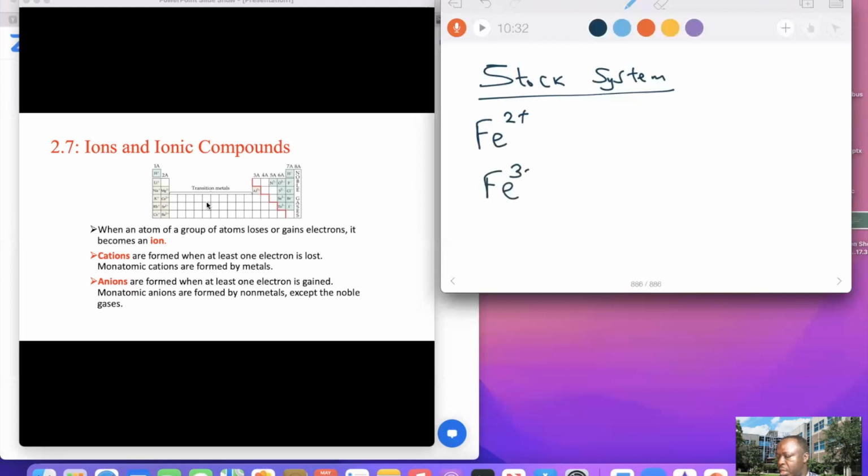These are 2 ions, 2 cations formed by the same element. On the periodic table, iron, number 26, can form 2 cations. In the Stock system, we call this iron(II) in Roman numeral, and then the word ion.